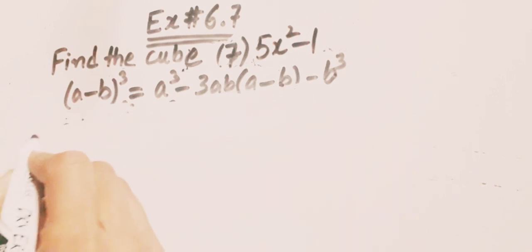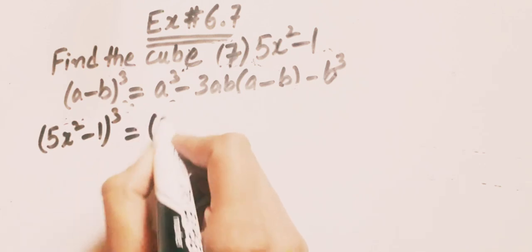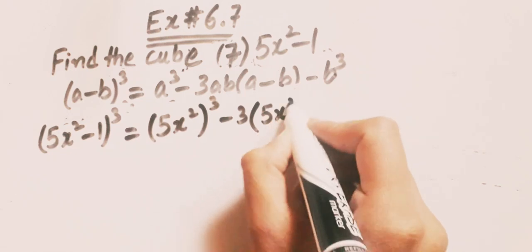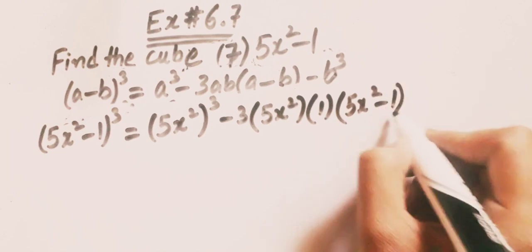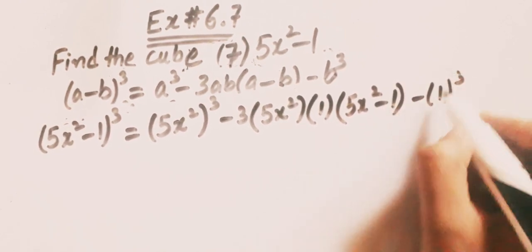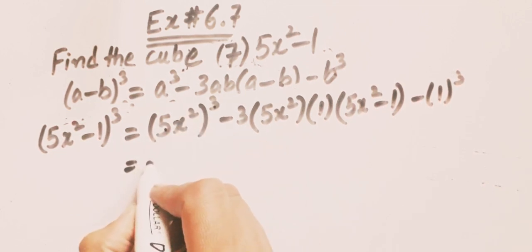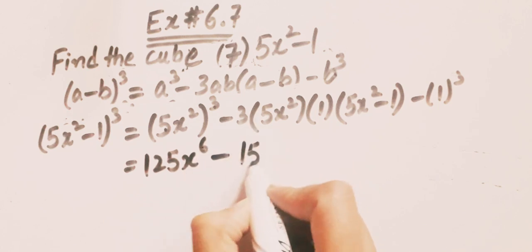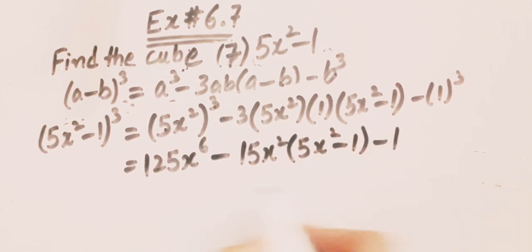Now apply this formula. 5x square minus 1 cube is equal to 5x square cube minus 3 into 5x square into 1, 5x square minus 1, minus 1 cube. 5 into 5 is 25, then into 5 is 125, x power 6 minus 15 x square into 5x square minus 1, minus 1. So this is the answer.